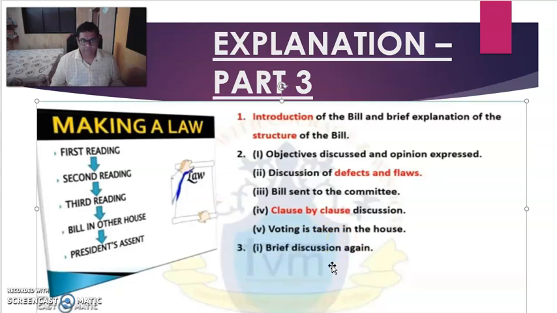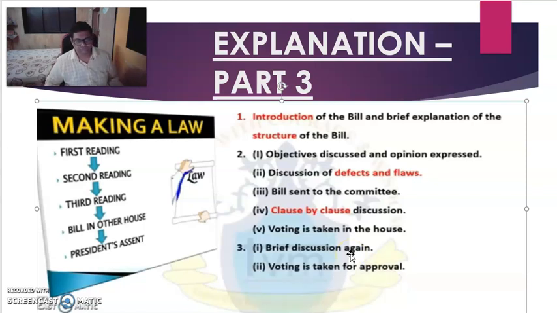Let's move to the third reading. During the third reading, the bill is discussed briefly again. Voting is done for the final approval in the House. If it gets the required majority, meaning the majority of the members are in favor of this bill, then the bill is considered as passed by the House.